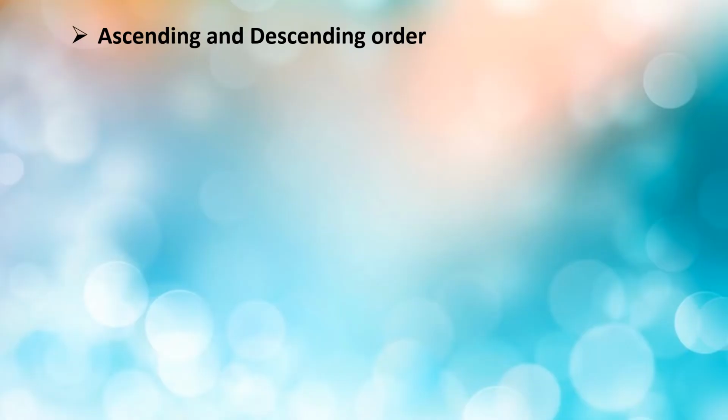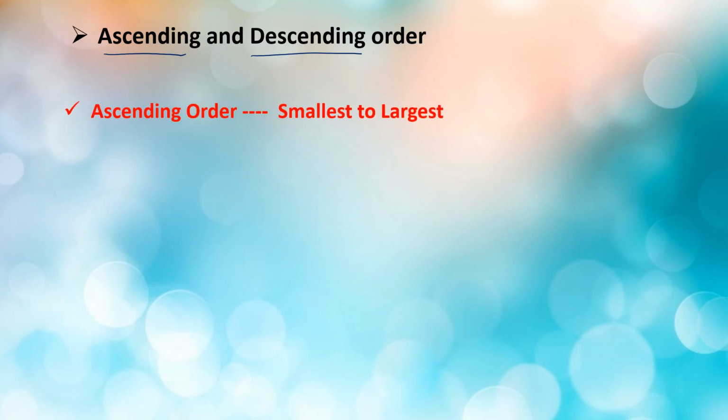Our next topic is ascending and descending order. Most of you would be familiar with the terms ascending and descending order. So when do you say that the numbers are arranged in ascending order? Yes, when the given numbers are arranged in increasing order, that is from the smallest to the greatest, we say that the numbers are arranged in the ascending order, right? How about descending order?